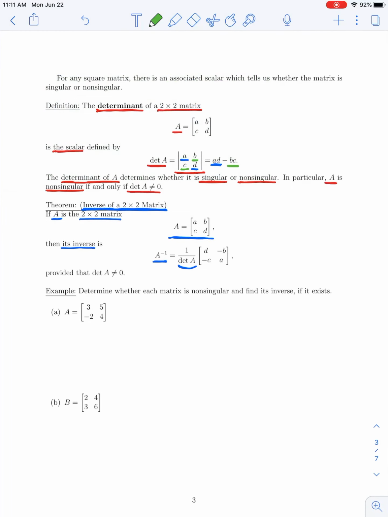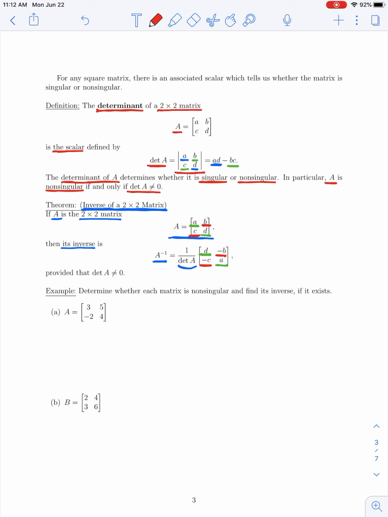So what do we do with the matrix A? Well, we take its diagonal entries, a and d, and we switch them. They become d and a. So we interchange the diagonal entries, a and d, and the off-diagonal entries, b and c, are made negative, or we take the opposite sign of whatever the off-diagonal entries are.